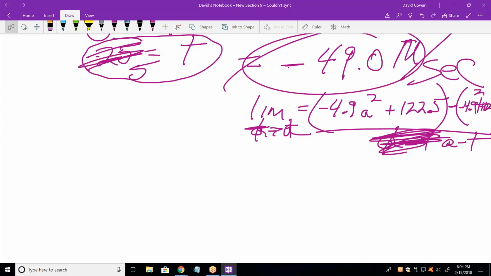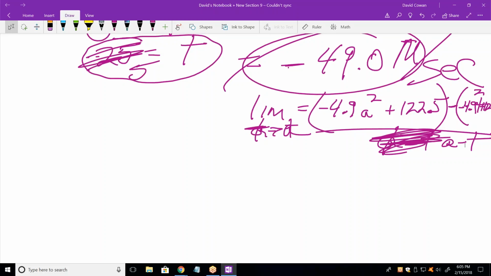T approaches a. In other words, that's the entire a part of this problem? Yeah. That's what it gives us, and then the only things that we're looking for is the time it takes to reach the ground and the velocity when it reaches the ground. That's the only questions? Yep.